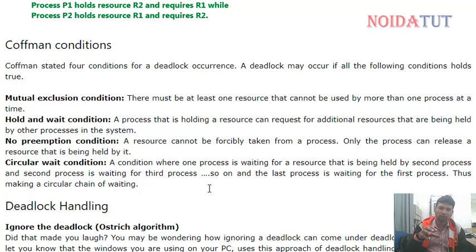A condition where one process is waiting for a resource that is being held by a second process, and the second process is waiting for the third process, and so on, and the last process is waiting for the first process, thus making a circular chain of waiting. Now, these are the 4 conditions which are necessary for a deadlock to occur.